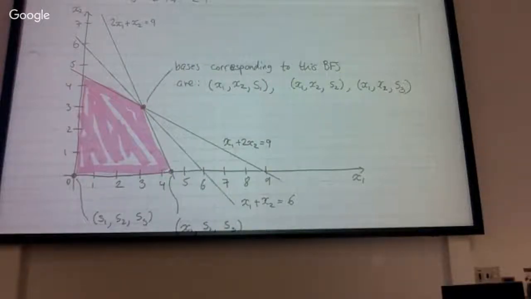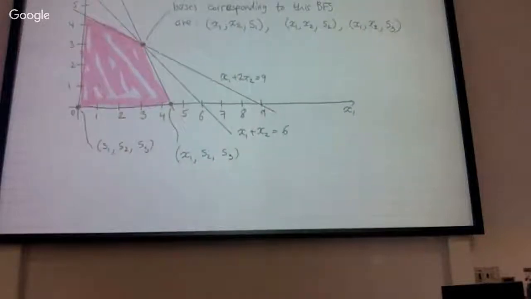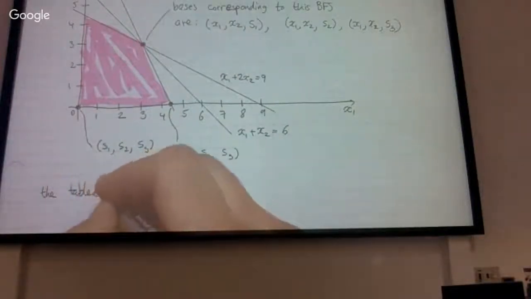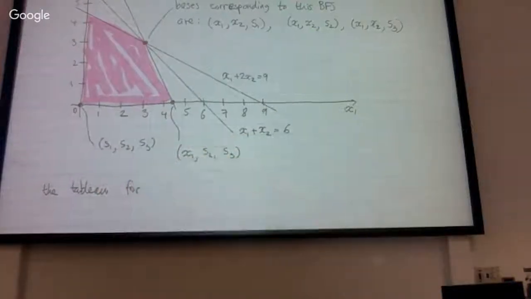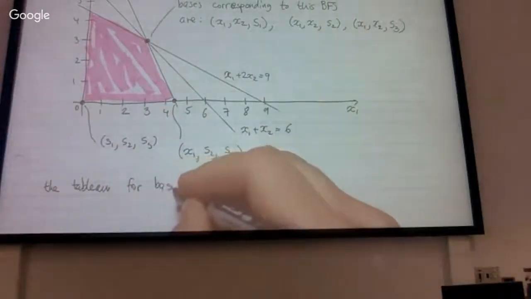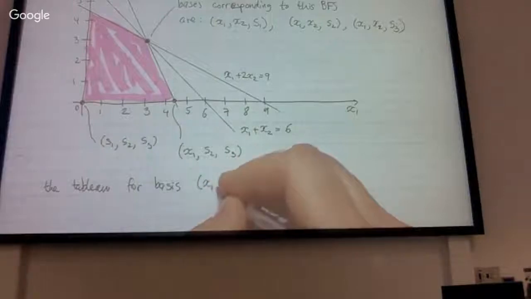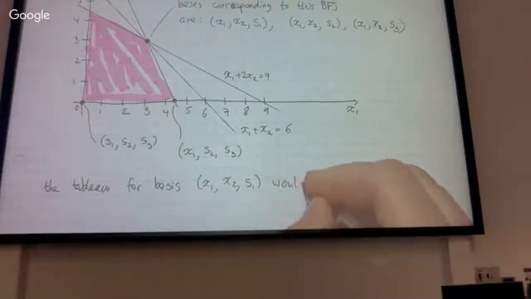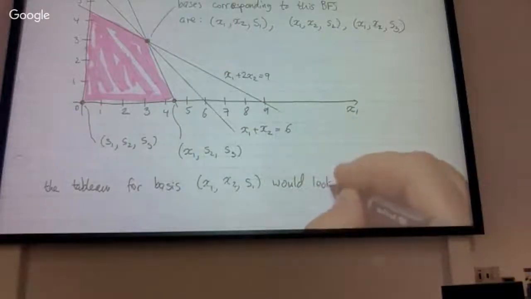So if you had a tableau for this particular basis, the one with S1, x1, x2, s1, it would look like this.